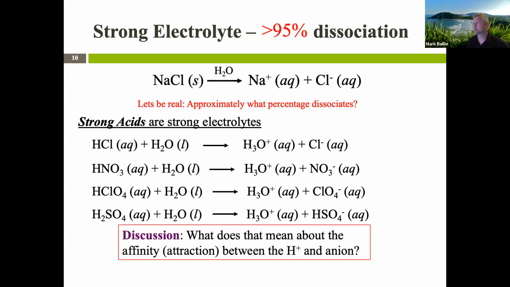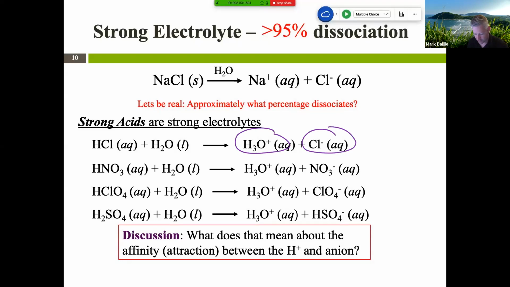So what I want you to think about, and I'll make this a clicker question just so you have it on your own phones when I send you to breakout rooms, I want you to spend about 2 minutes in breakout rooms to discuss what this means about how attracted these two things are to each other. If they're strong acids, what does that mean about them being together, attracted to each other, or being separate?